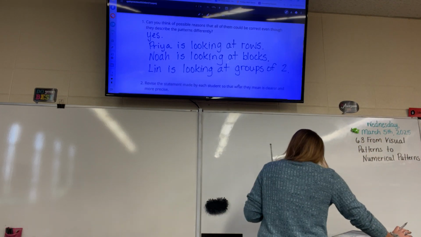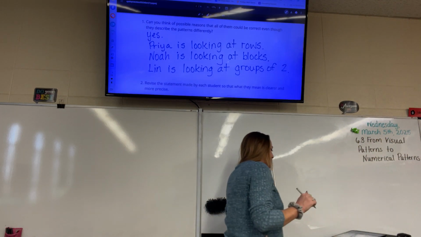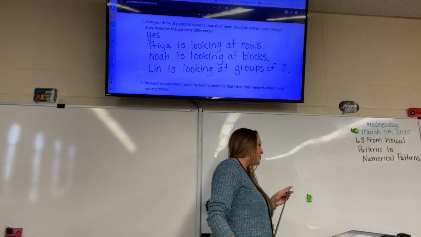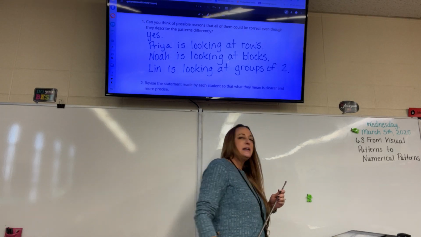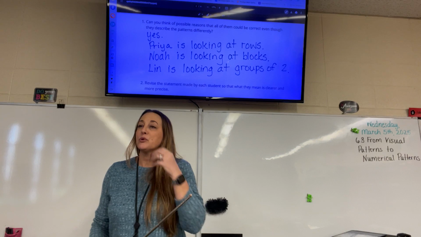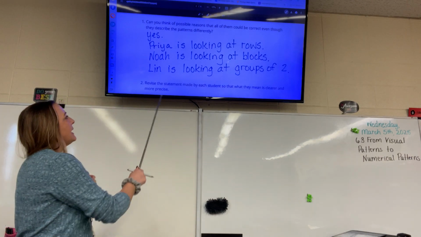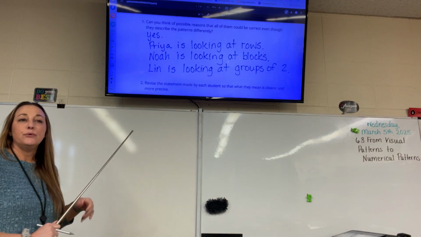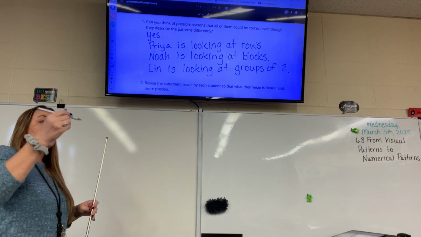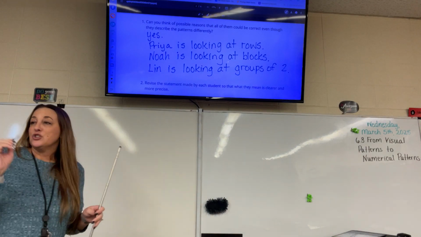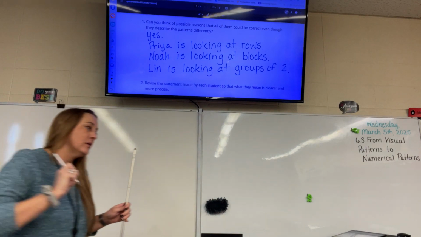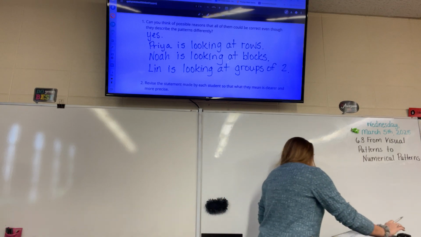So the next one says, revise the statement made by each student so that what they mean is clearer and more precise. Now instead of writing a bunch under number 2, we're going to go up to their original statement and just add a word.